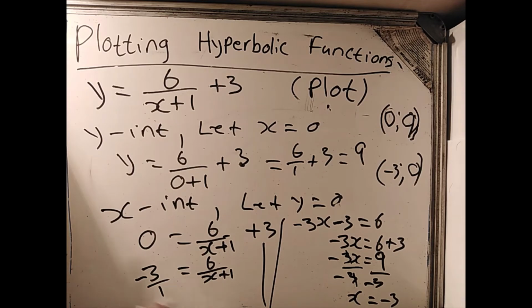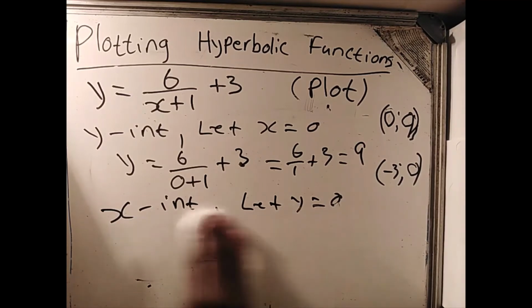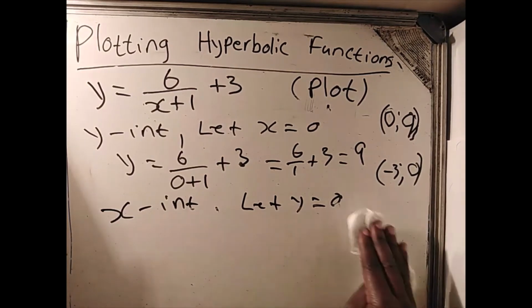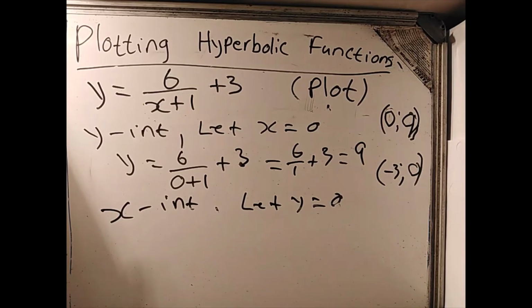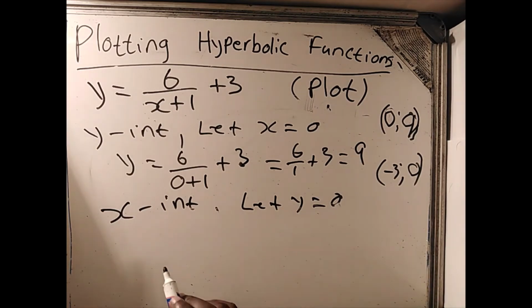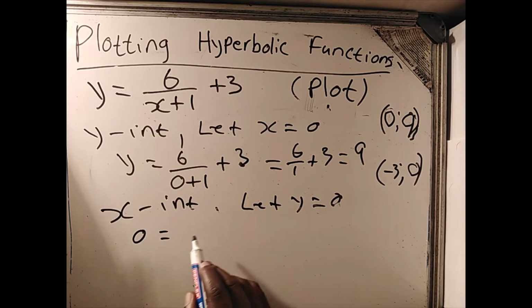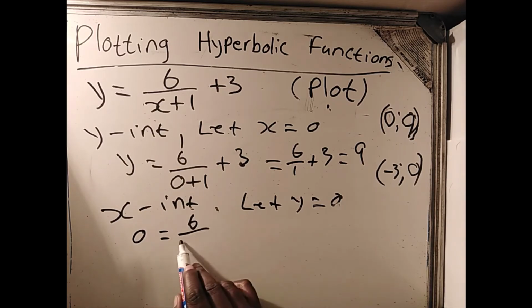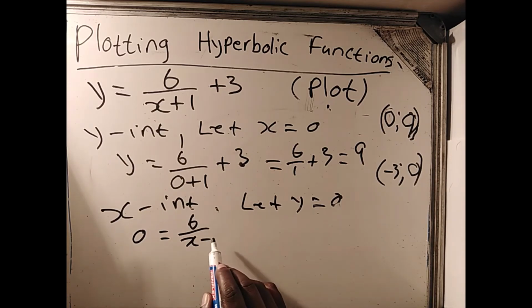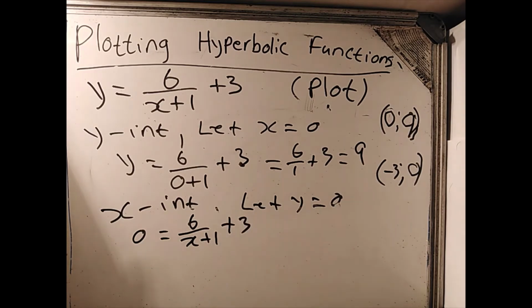Alright? I can see you guys may be confused by this. So let's just start it afresh so that we can put it in a very good context and explain everything well. Okay, we're looking for the x-intercept, and we let y be equal to 0. So we ended up with 0 equal to 6 over x plus 1, plus 3.